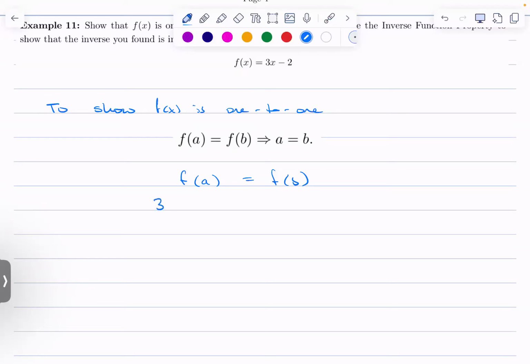So then I have 3a minus 2 is equal to 3b minus 2. Step one: set f of a equal to f of b.